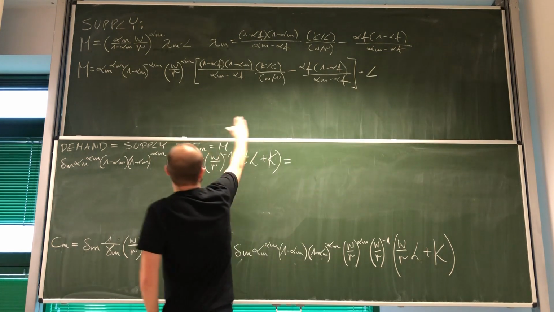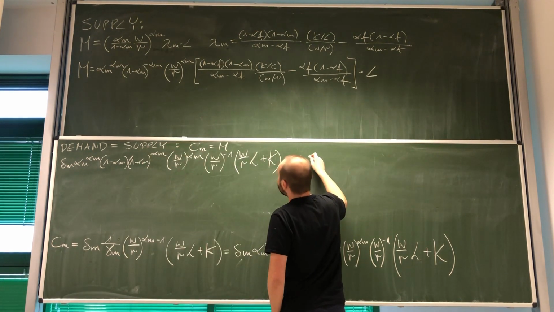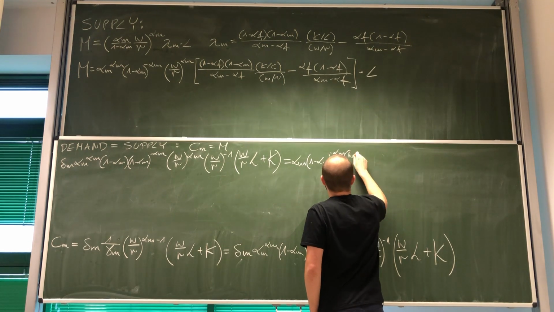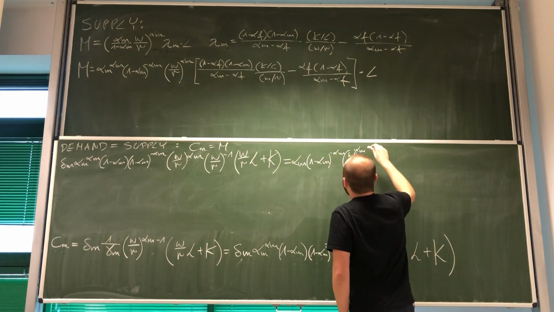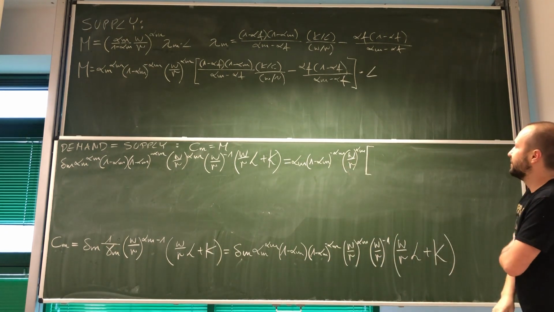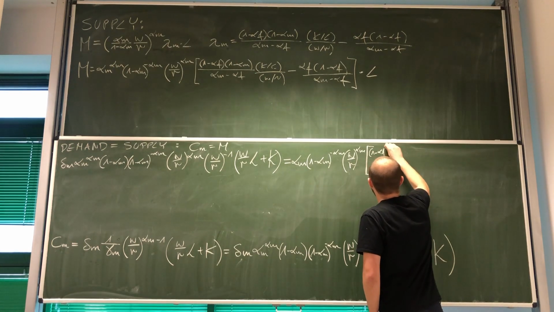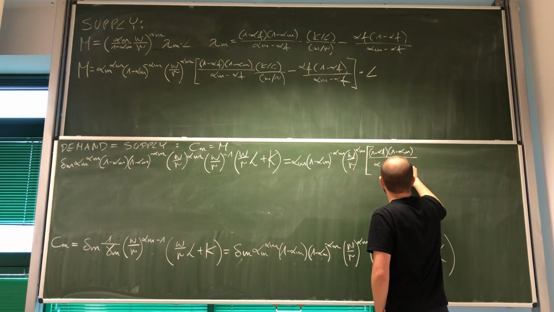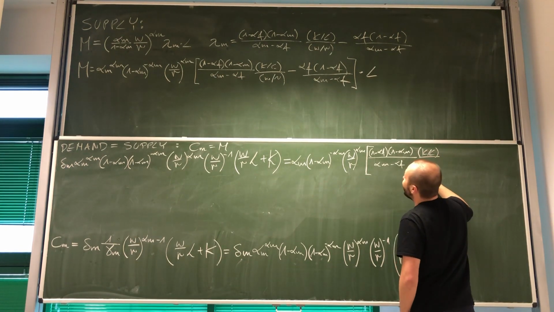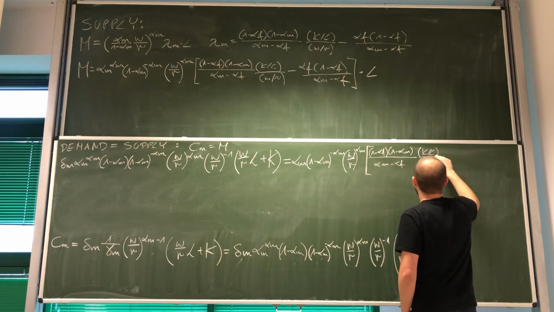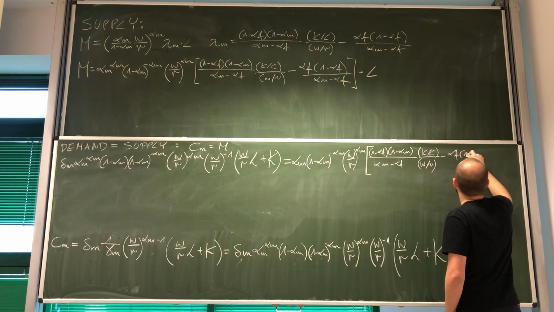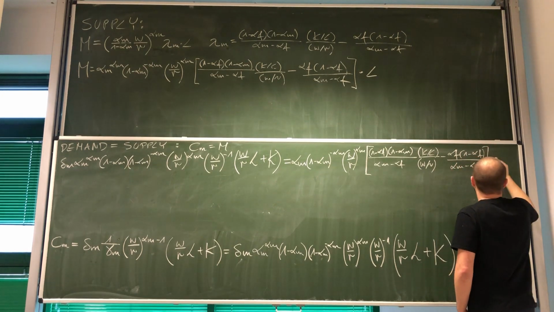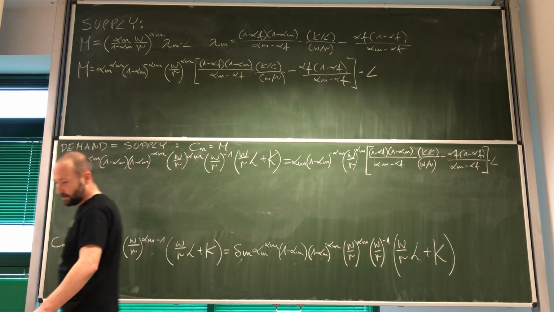Okay, and we equalize this with supply, right? So we've got alpha m times 1 minus alpha m to the power negative alpha m, w over r to the power alpha m, and now what we are going to do is open brackets, and we've got 1 minus alpha f times 1 minus alpha m divided by alpha m minus alpha f times K over L divided by w over r, minus alpha f times 1 minus alpha f divided by alpha m minus alpha f, times L. Yeah, I know it's horrible and very time consuming.